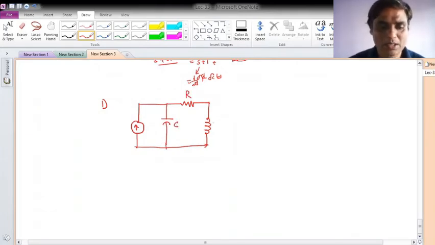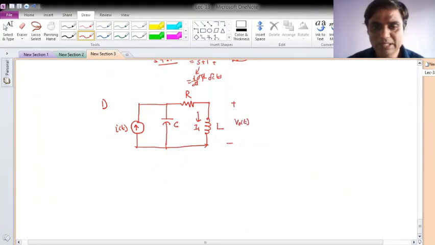This is C, R, L, and say this is my I(t), this is I1, and this is my V0(t), and the inductor is given as 1 Henry.